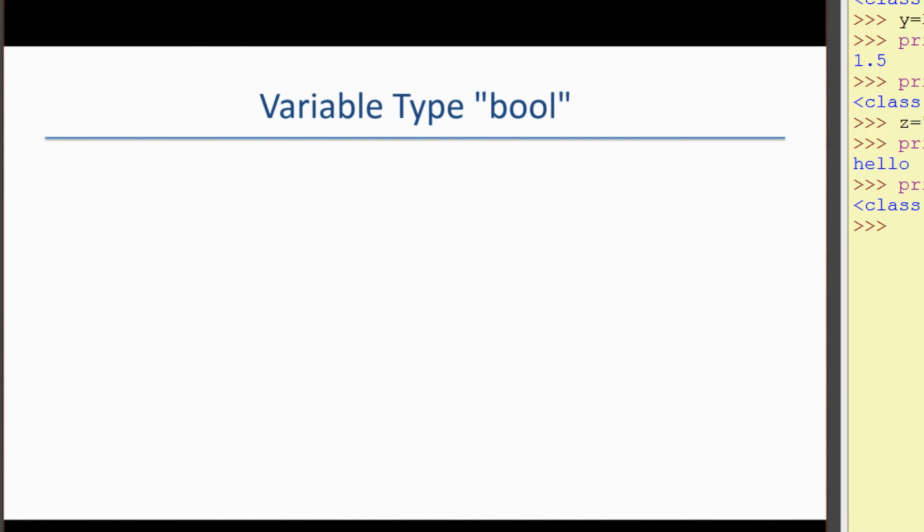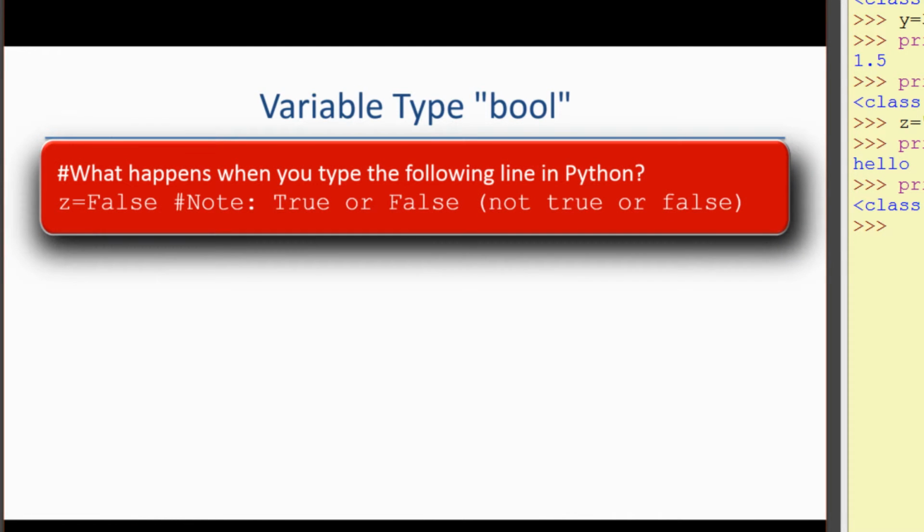Now let's look at the type bool. So what happens when you say z is equal to False? Notice that in Python, True or False are both keywords and they both have capital letters. Make sure that you do not type them as true or false with lowercase letters.